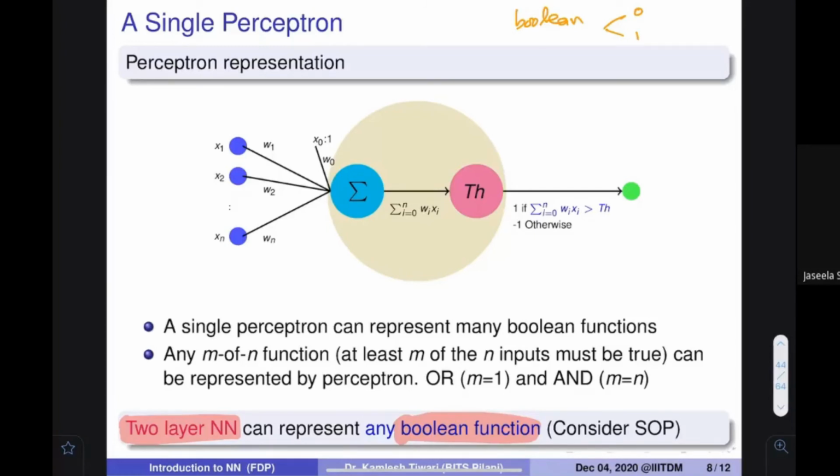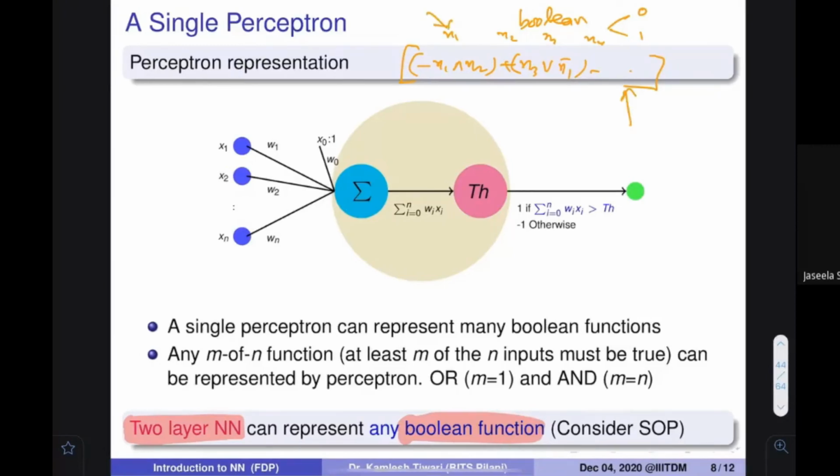So if you have various variables, for example, x1, x2, x3, x4, you can write any function, for example, minus of x1 and x2 plus x3 or x1 bar. So you can write a very complex kind of equation. If you write any kind of complex equation, and you say that x1 and x2 take only 0 and 1 values, then this is a Boolean function.